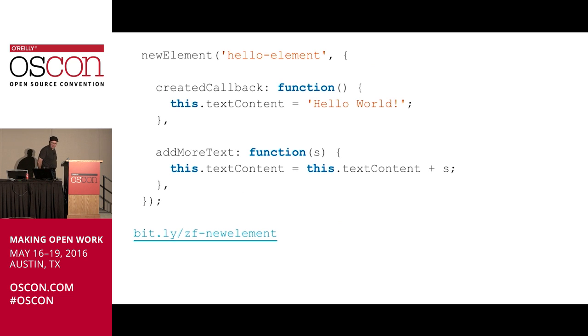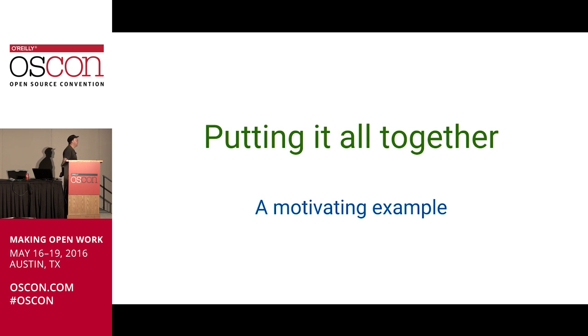Now all that previous code that we just wrote simplifies to this. We have a created callback and our add more text function, and we call that inside of our new element where we register it. Follow that link, you can see that running. So that just gives us hello world. So we have all of these new capabilities.